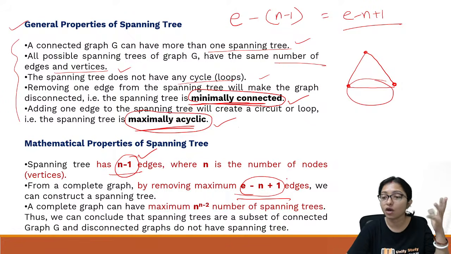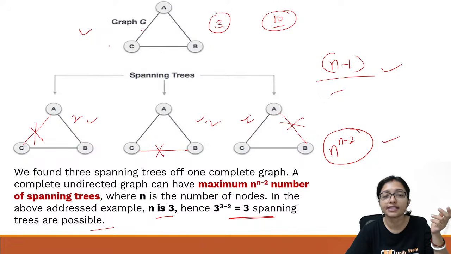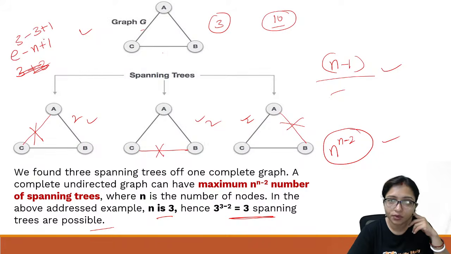By removing, how many edges are we removing? Here in this graph there were 3 edges. So e minus n plus 1 means 3 minus 3 plus 1. That is what you are removing.